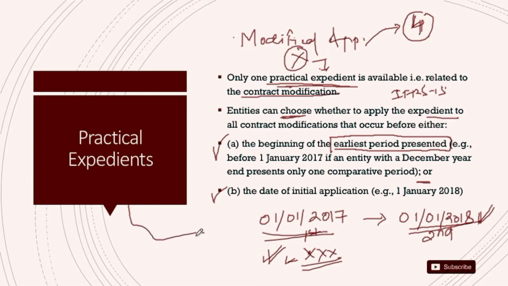So this is the practical expedient that is only provided in respect of contract modifications, which means you can either account for all the contract modifications that happen from 1st January 2017 and later, or choose from 1st January 2018.